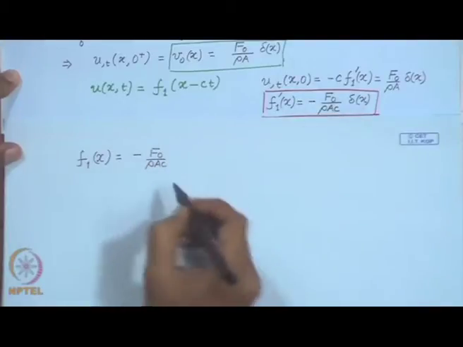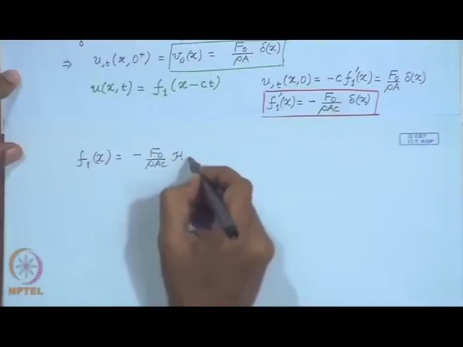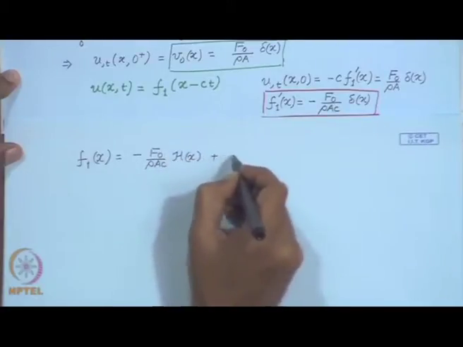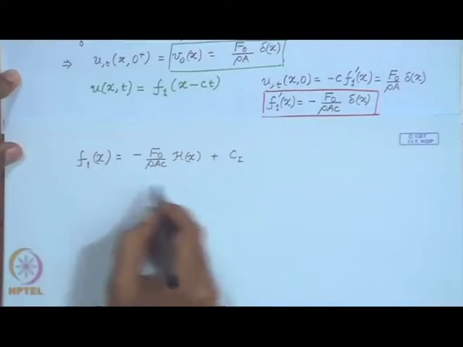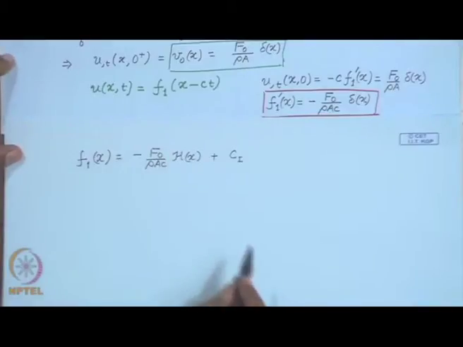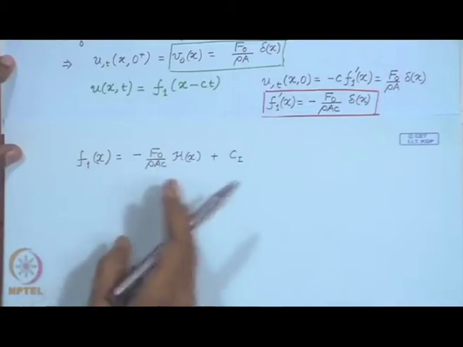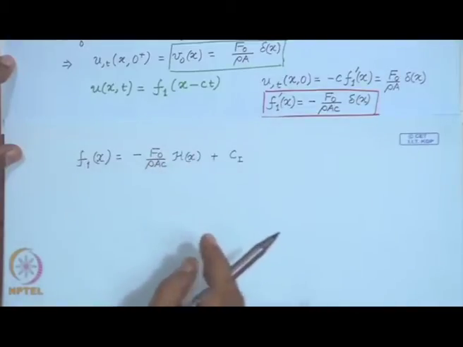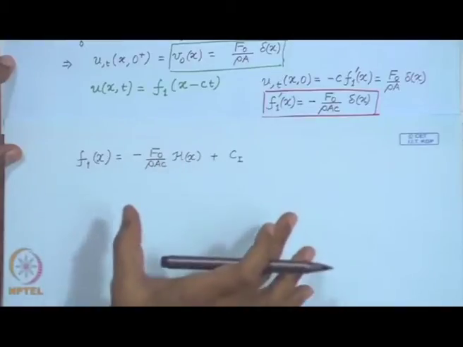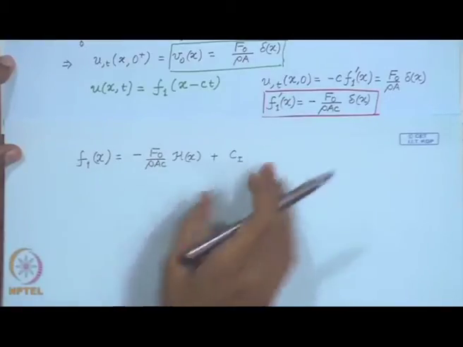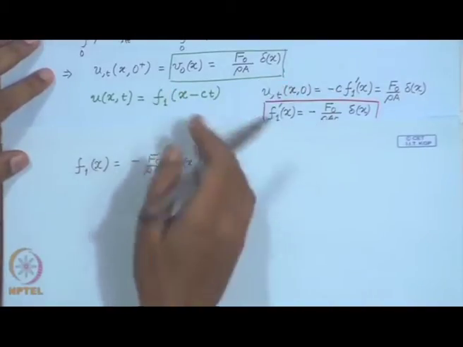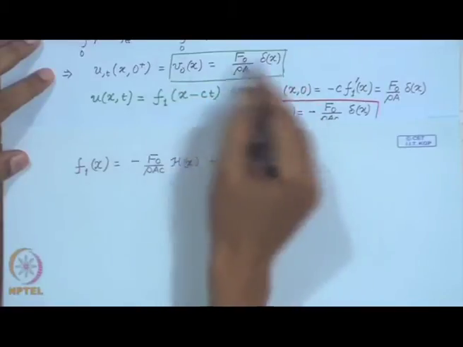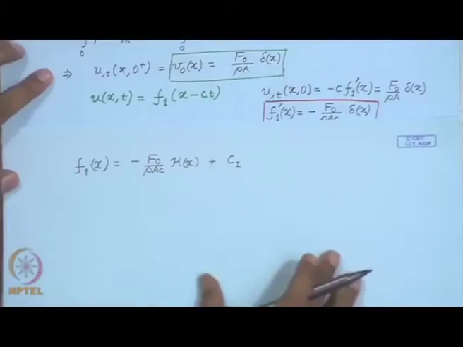The integral of the Dirac delta function is the Heaviside step function, and there is going to be a constant of integration. Now, we use the condition that the displacement of the bar is 0 even just after the impulse. Just after the impulse has been applied, the bar has taken a velocity distribution like this, but its displacement is still 0.